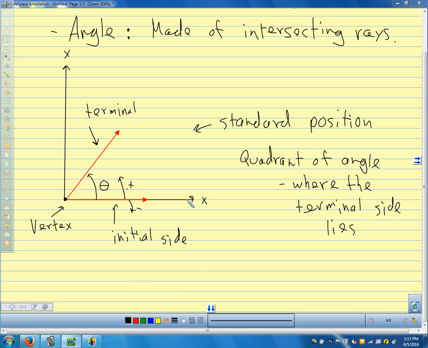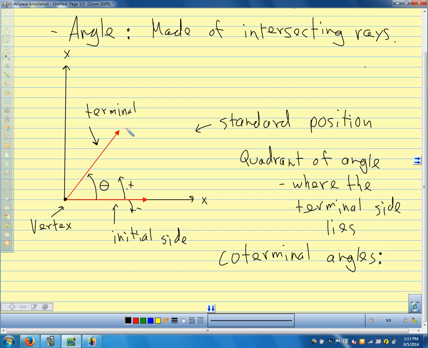Another term that we'll see fairly often, and it's a fairly important idea, is coterminal angles. So, what do you think we mean by coterminal? What does co mean? Two or together? So we're talking about together and the terminal. We talked about the terminal side. Exactly.